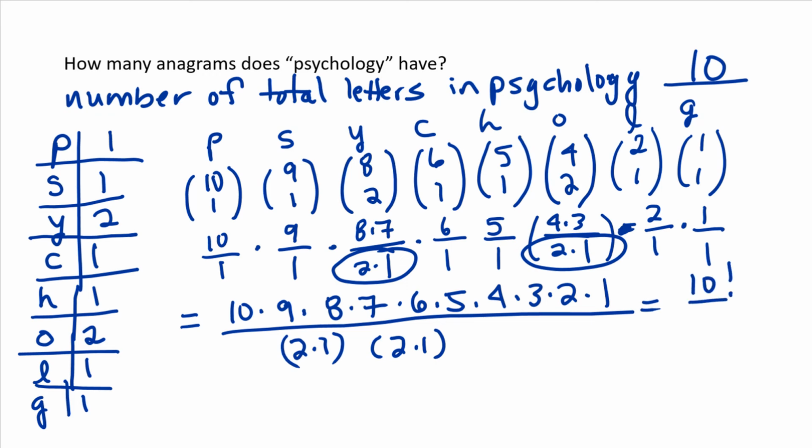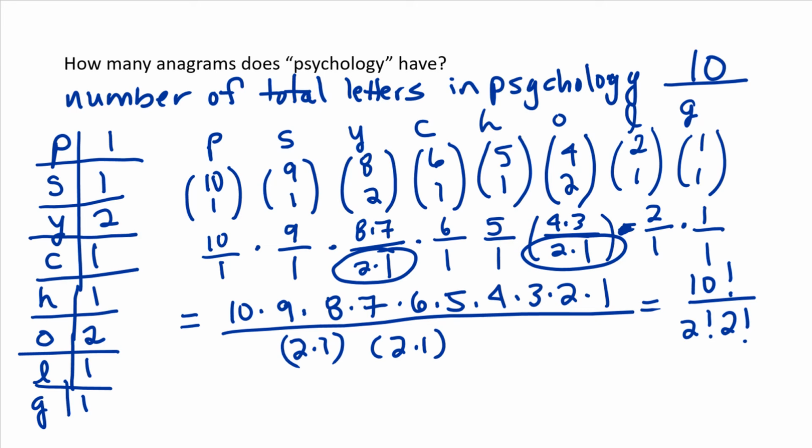This is 10 factorial divided by 2 factorial times 2 factorial. Note, we did a factorial of the total number of letters, which was 10, and then divided by factorials of the occurrence of repeating letters.